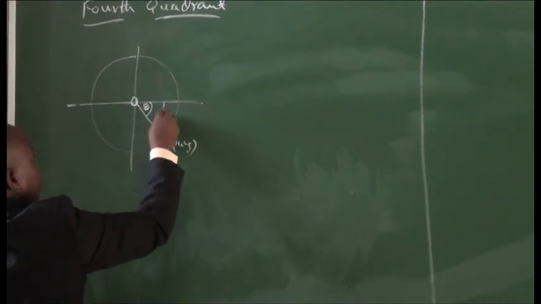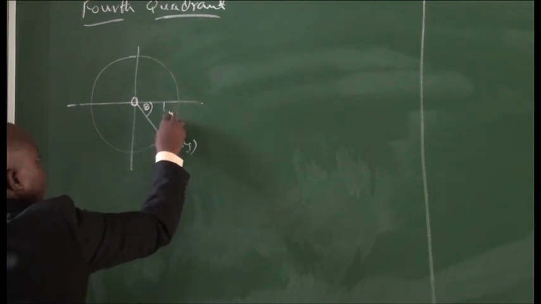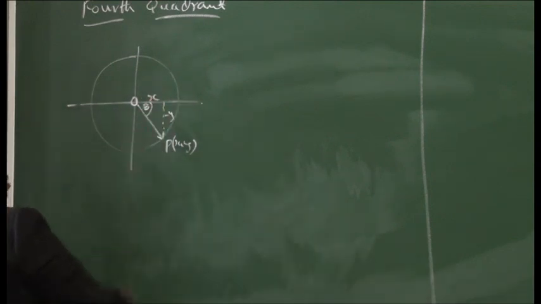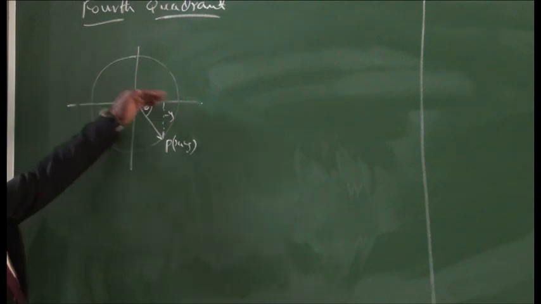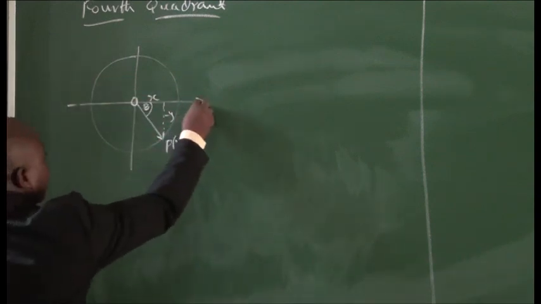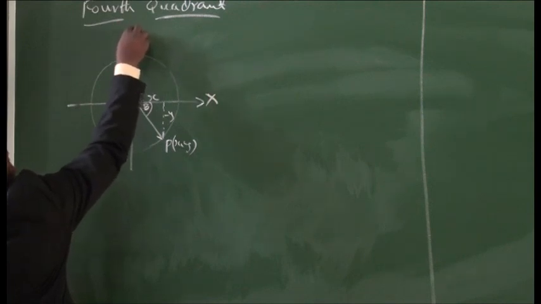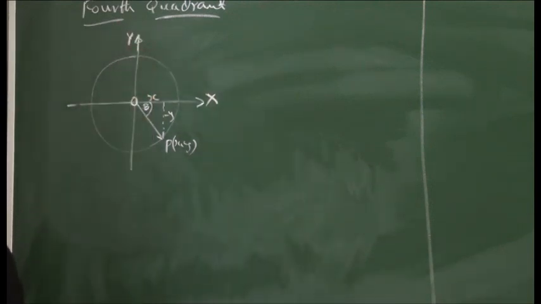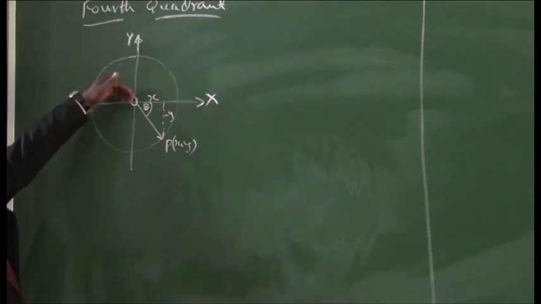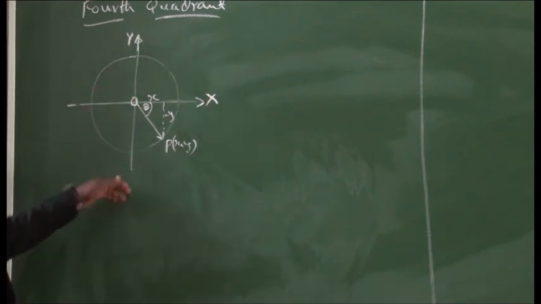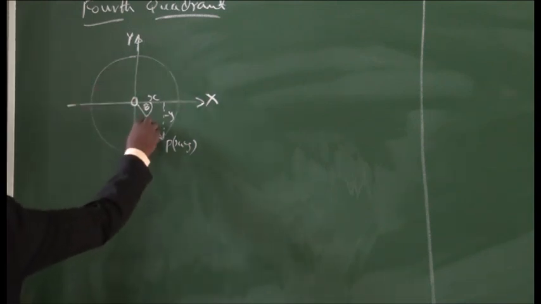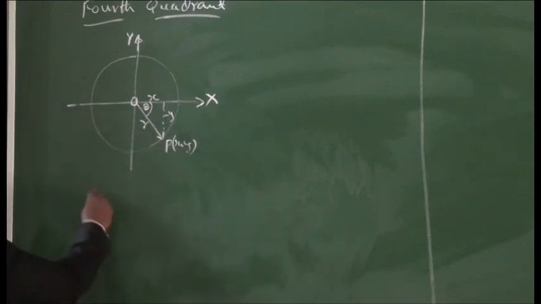Then I drop the projection, where here is minus y. This is x, because it's in the positive direction of the x-axis now. This is the y-axis, this is positive y, this is negative y. This is r.